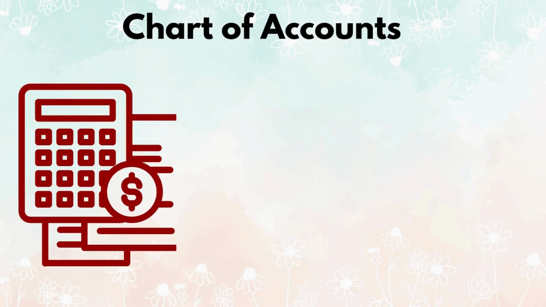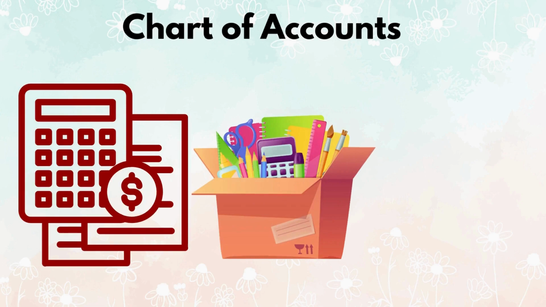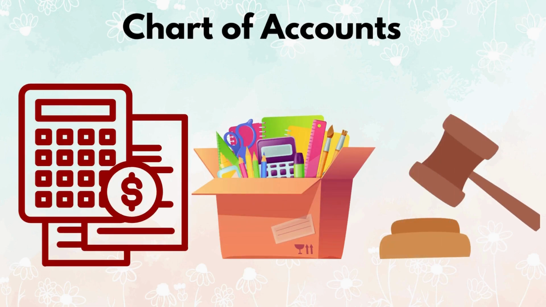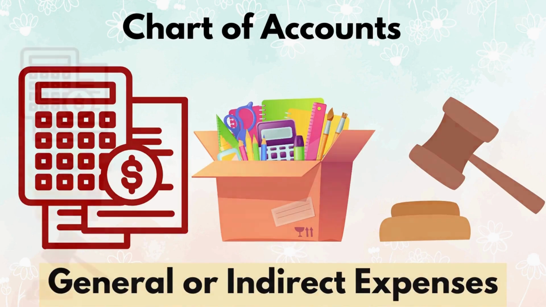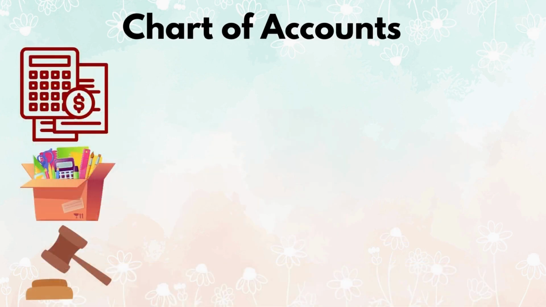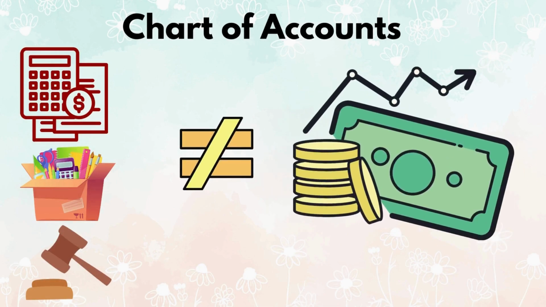Other expenses like your bookkeeping expenses, stationery used in drafting designs, legal expenses, etc., will fall under general or indirect expenses because these expenses are not directly used to generate revenue.